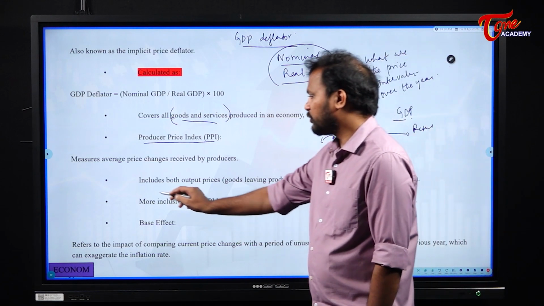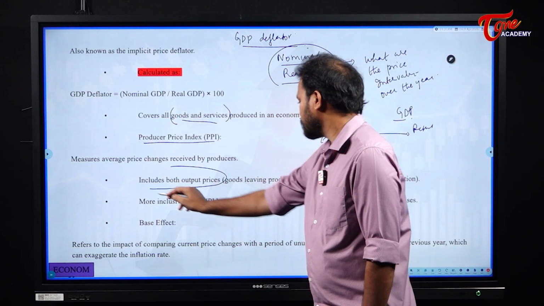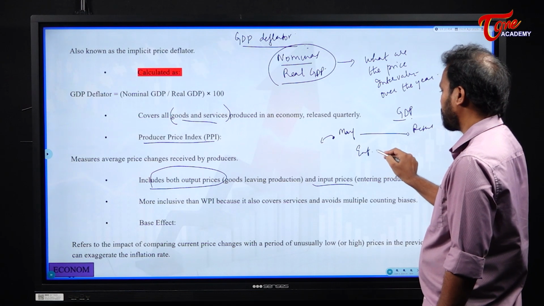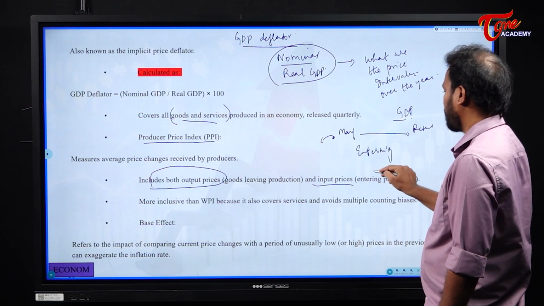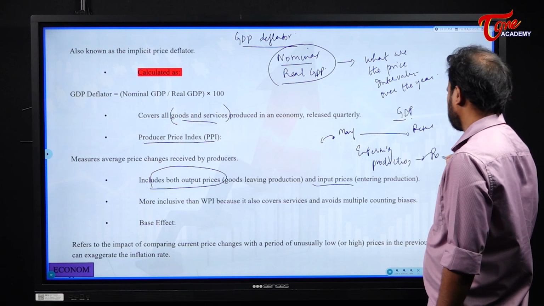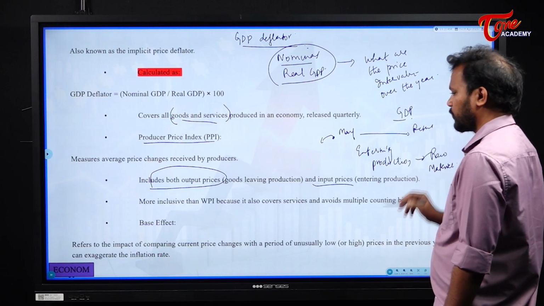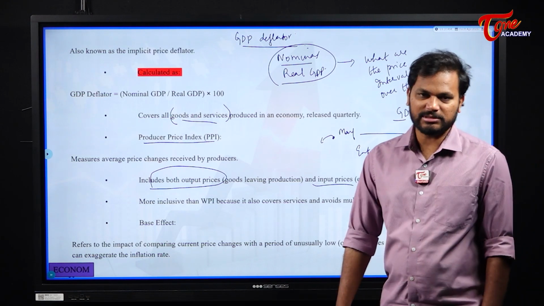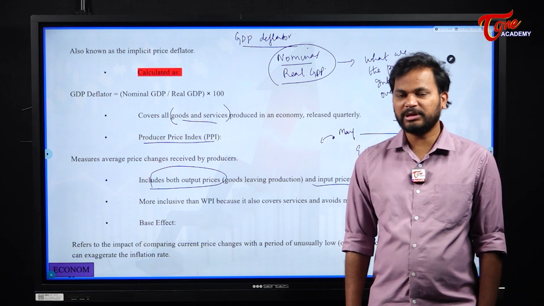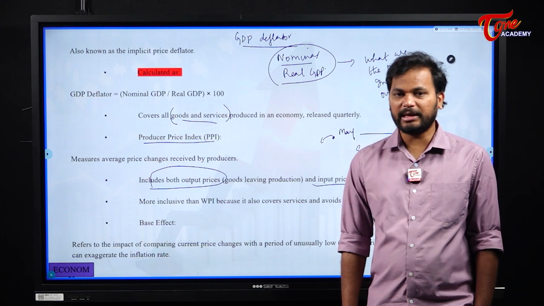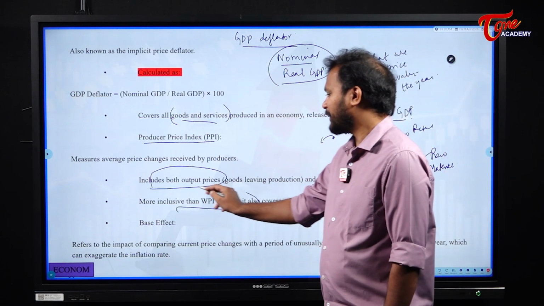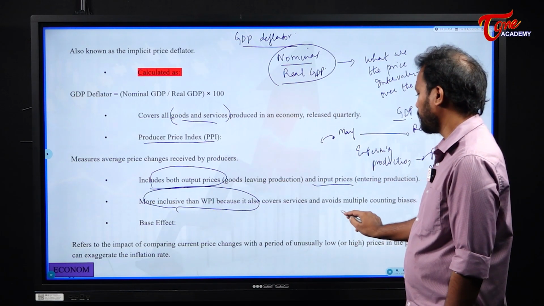So it includes both output prices and input prices, that is, the raw materials entering production. As a consequence of it including every stage within the output and input mechanisms, it will give you a clearer picture than the WPI.